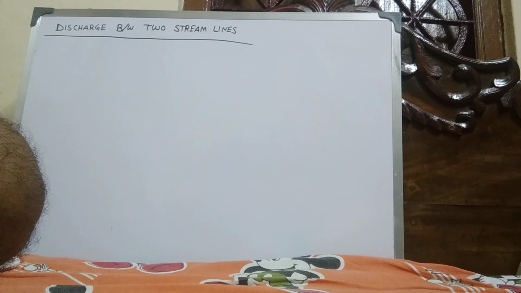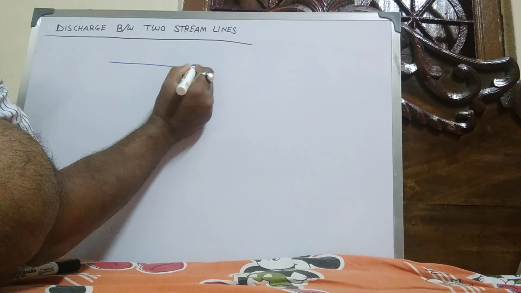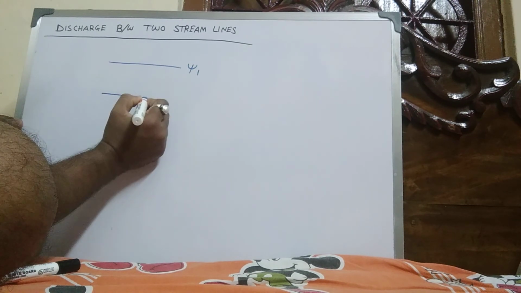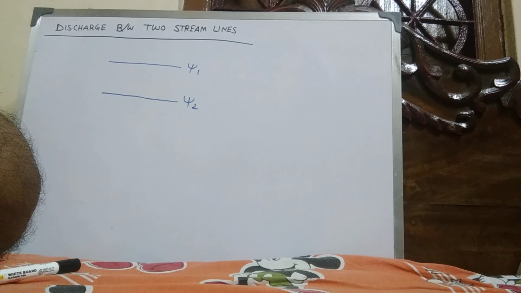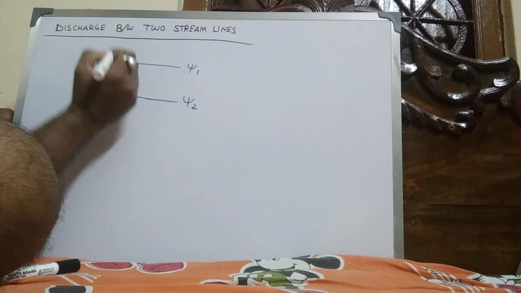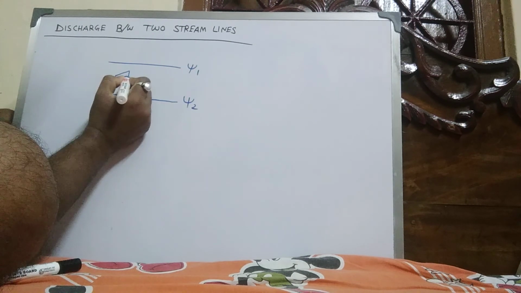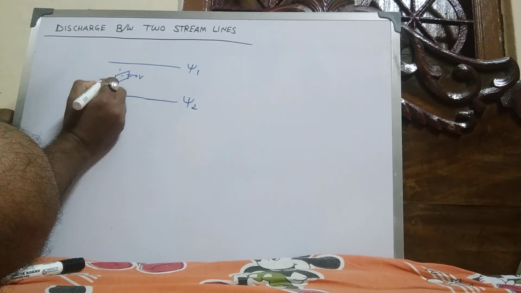Suppose this is a streamline, and another streamline, these two. Suppose fluid is flowing with velocity V, and this is 1, this is dy.